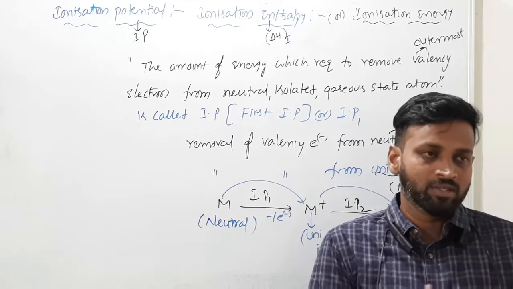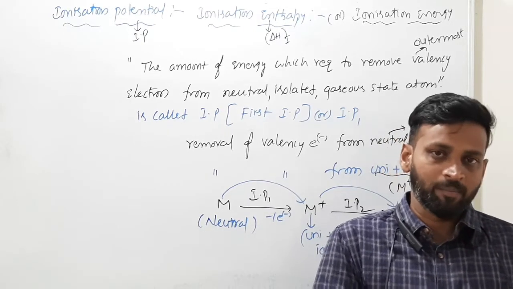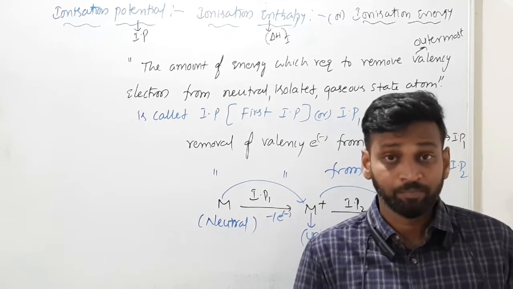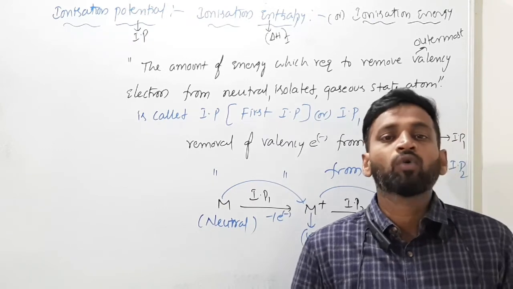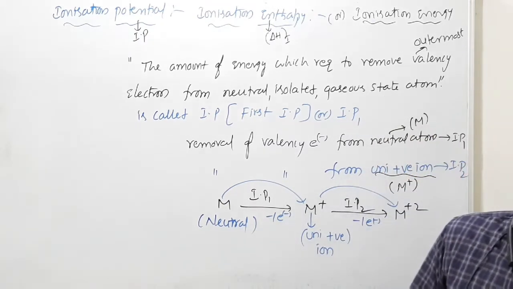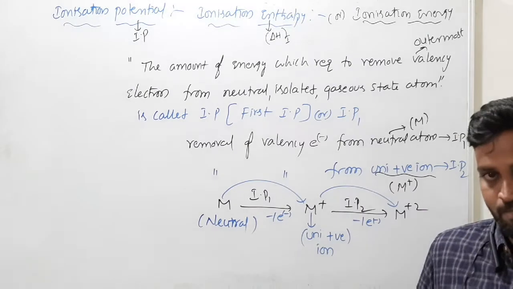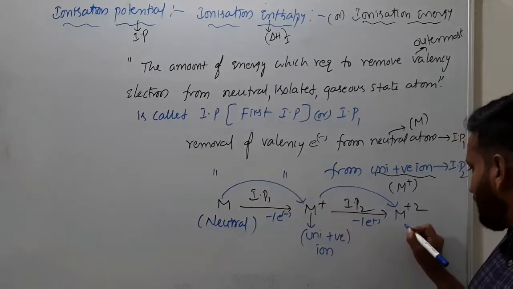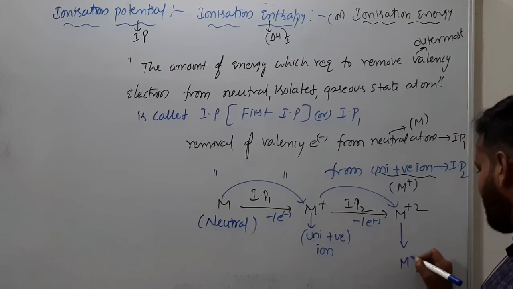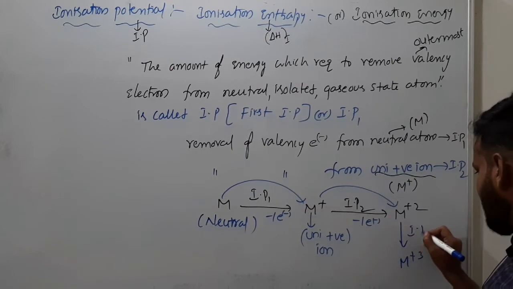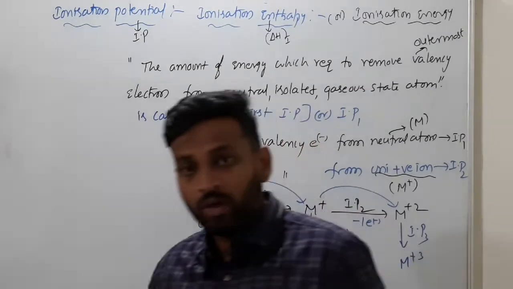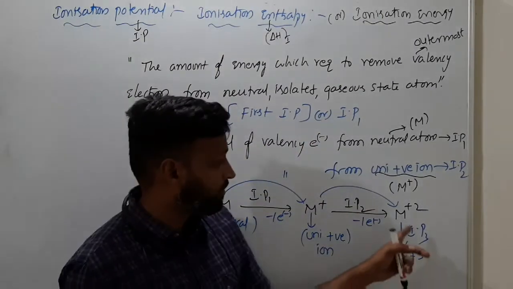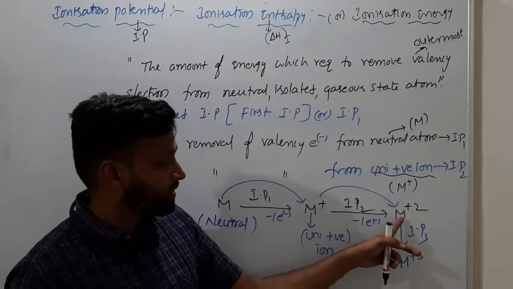So what is IP1? The amount of energy required to remove the outermost electron from a neutral isolated gaseous state atom. And if you go from M plus 2 to M plus 3, that is IP3: the removal of a valence electron from a dipositive ion.